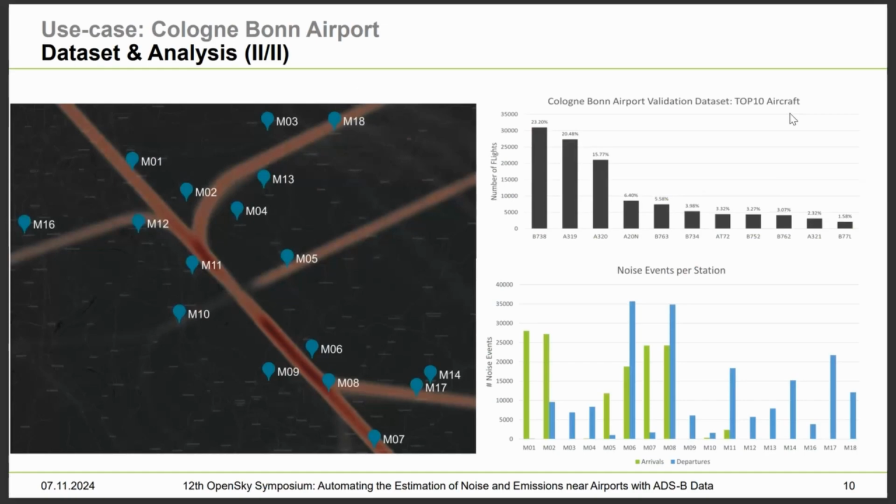And here we have the noise events per station. You can see that they are very heterogeneous here. So I selected, based on an arbitrary metric of 5% of total flights, which noise stations are relevant for each flight type, arrivals or departures.